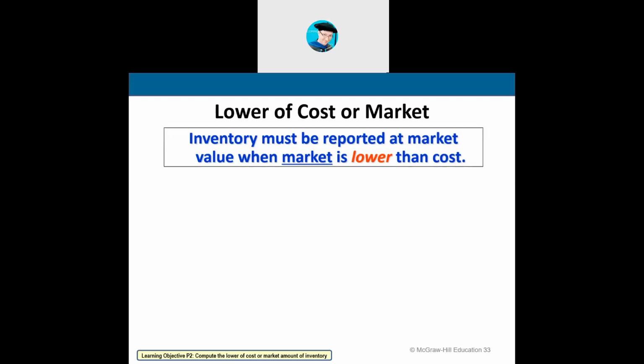For the inventory that must be reported, the lower of cost or market is used when market is lower than the cost. What does this mean? Lower of cost or market. The lower cost is what we want to report. Otherwise, we use what we call the market rate.